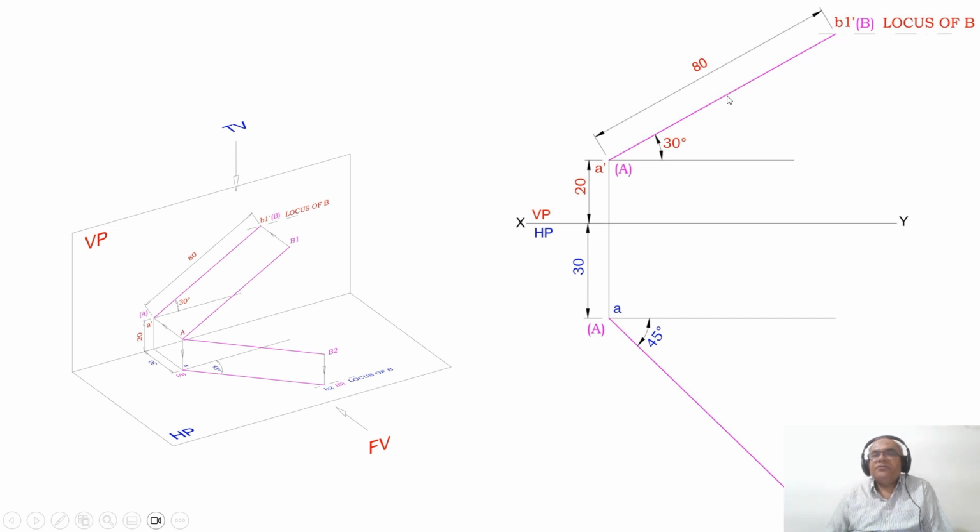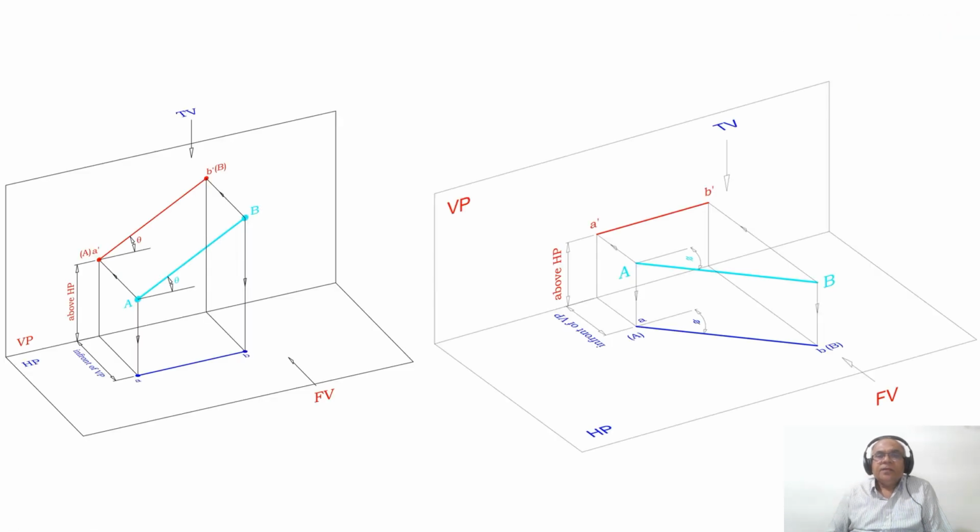In the top view, that line should be parallel to XY. Is the top view written for this? No, we have not done this. Similarly, in the top view, if the line is in true length, in the front view, that line should be parallel. Apply this concept.